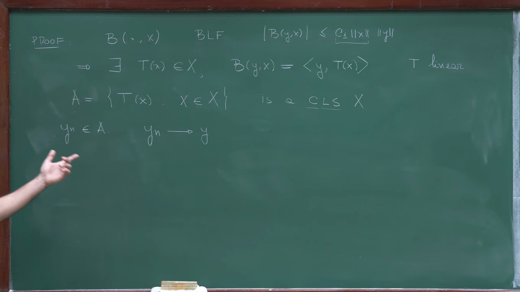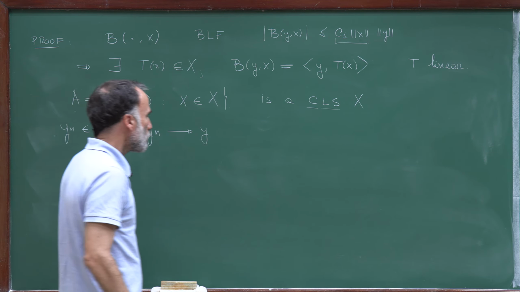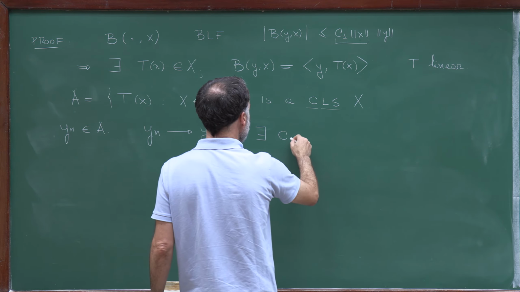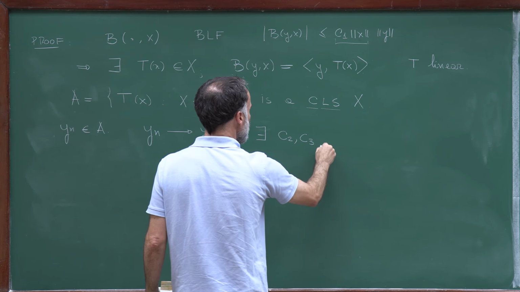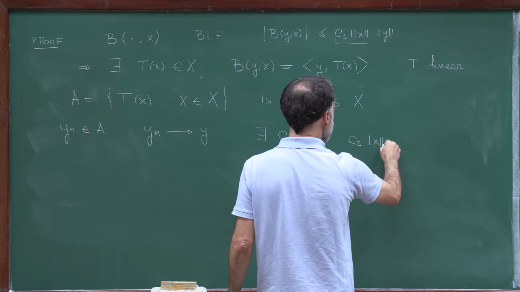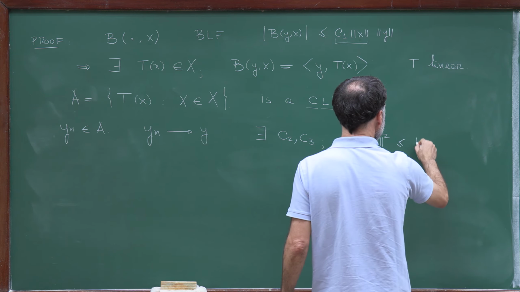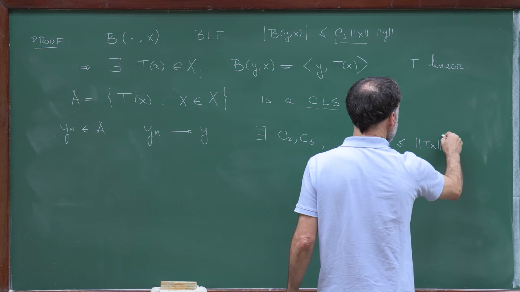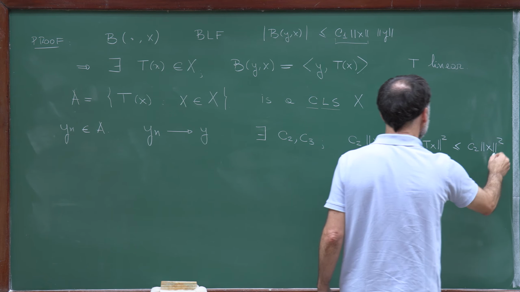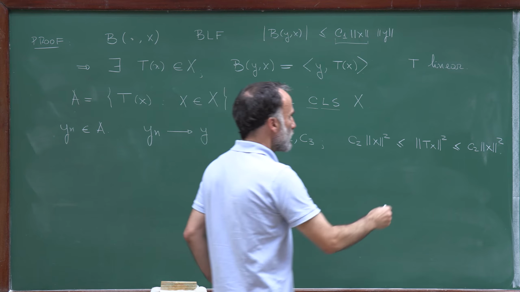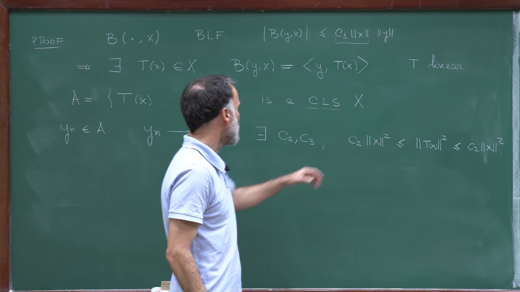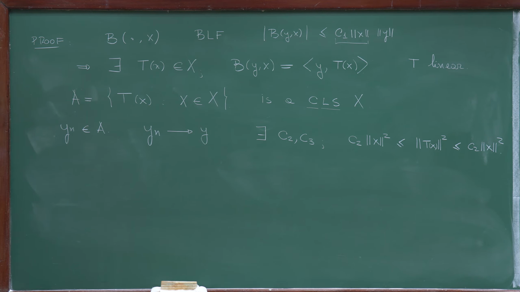And I want to show that y belongs to A. Well, what I claim is that there exist C2 and C1 such that C2 times the norm of x squared is bounded by the norm of Tx squared, which is bounded by C1 times the norm of x squared. And here, Tx means T of x. So I want to prove this bound in order to get that the set A is closed.